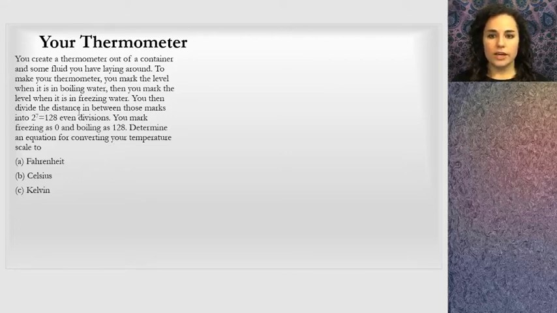You then divide the distance between those marks into 2 to the 7th, which is 128 even divisions. You divide it in half, and then in half, and then in half, and then in half. It's kind of clever that you did that. So, determine an equation for converting your temperature scale to Fahrenheit, Celsius, and Kelvin.